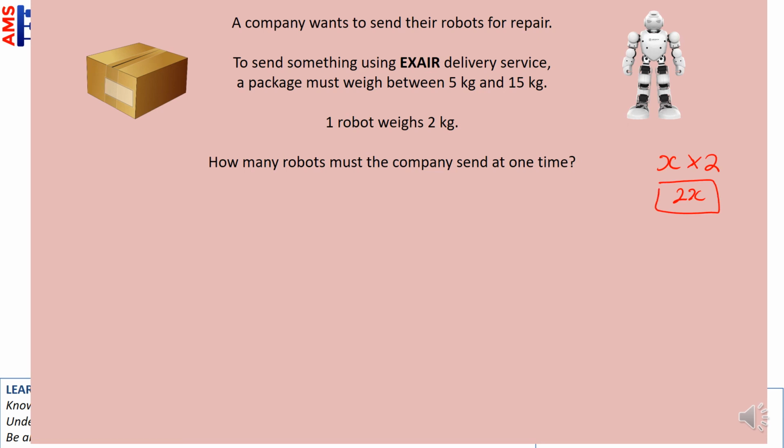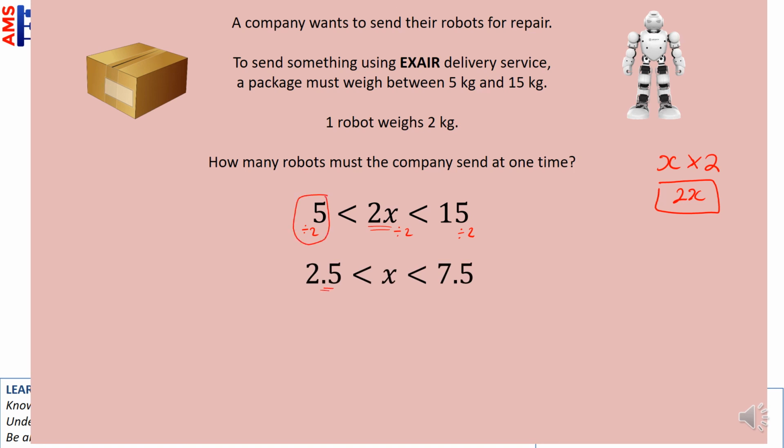And this weight has to be between 5 kg and 15 kg, and so we'll have that inequality. 2x, the weight of the robots, must be bigger than 5 kg but less than 15 kg. So to solve, we just divide by 2. And when we divide by 2, we end up with 5 divided by 2, 2.5. 2x divided by 2 is 1x, and 15 divided by 2 is 7.5.